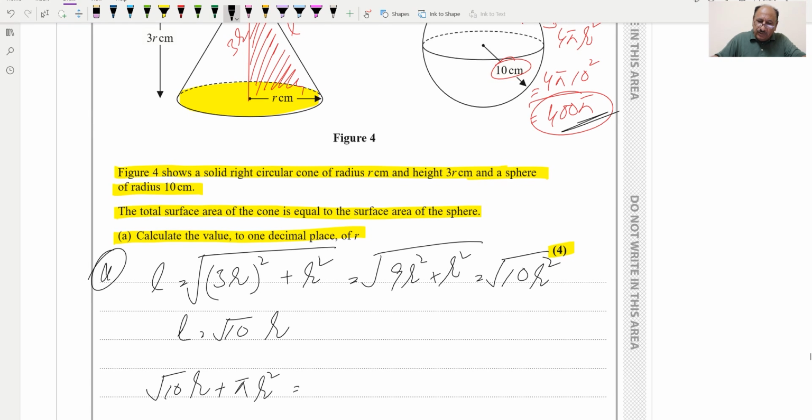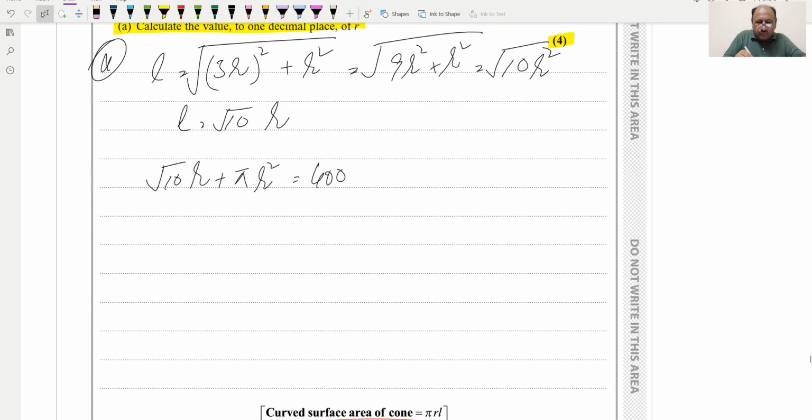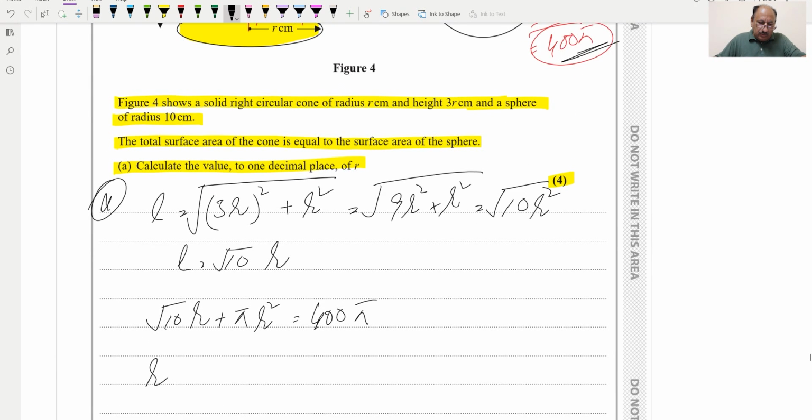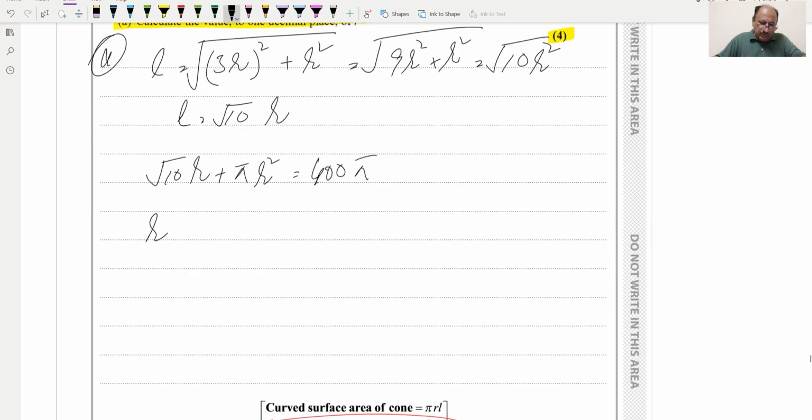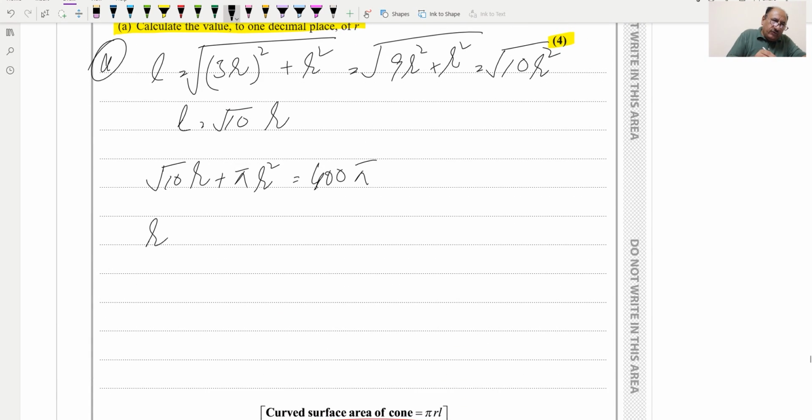So the curved surface will be pi R into L.